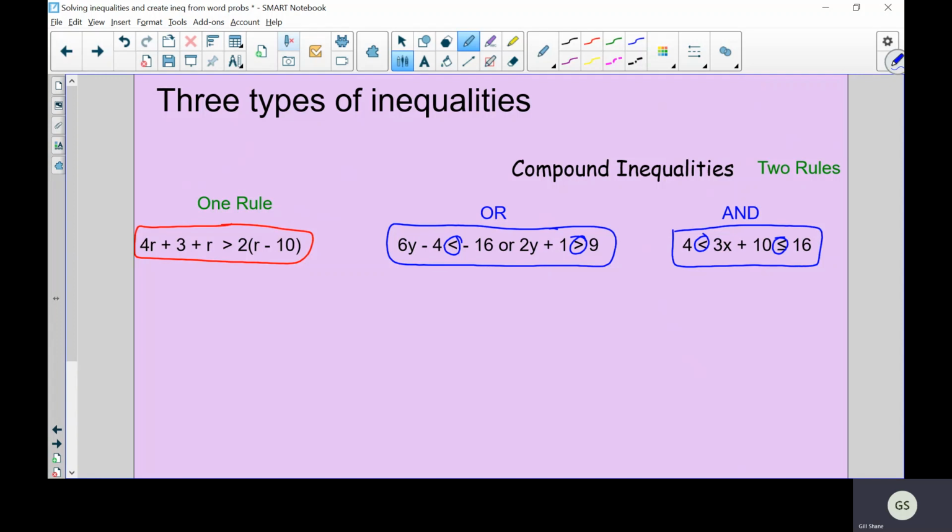If you see more than one inequality sign in one problem, that is a compound inequality. The way you do that is a little different than what we've been doing. The good news is the math is normally easier on these. They're normally much smaller equations, but technically they are two different equations in one problem, even though this kind of looks like one.